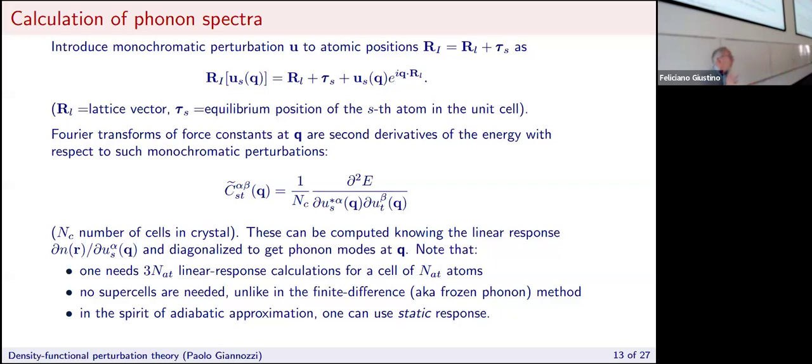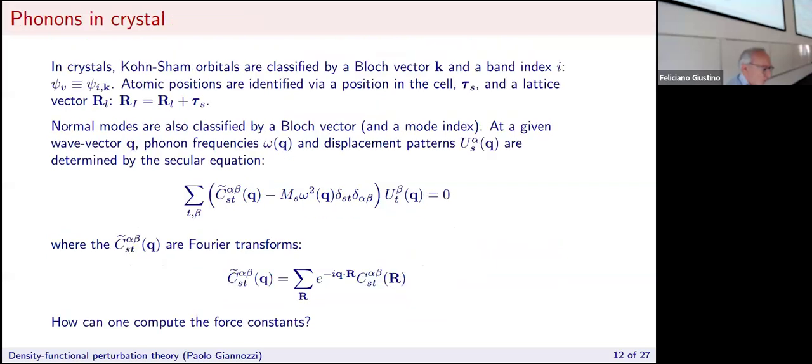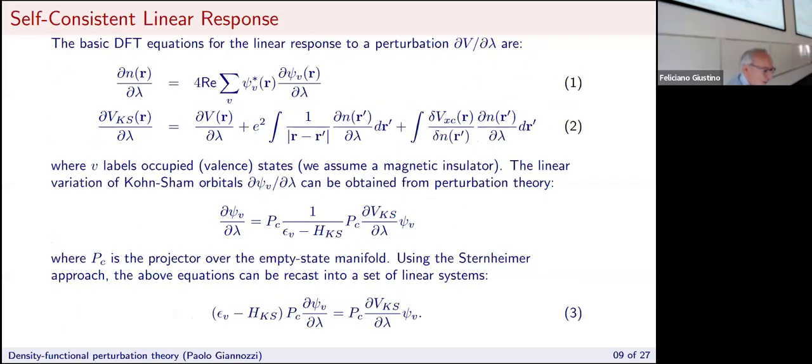In the spirit of the adiabatic approximation, one can consider the static linear response, even if phonons are in principle dynamical quantities, they are vibrations, so they have a dynamical aspect, but one can actually use the static response, which means that here is all you need.